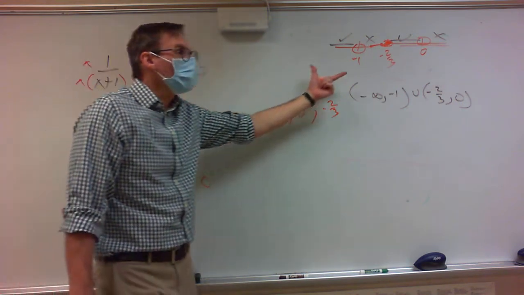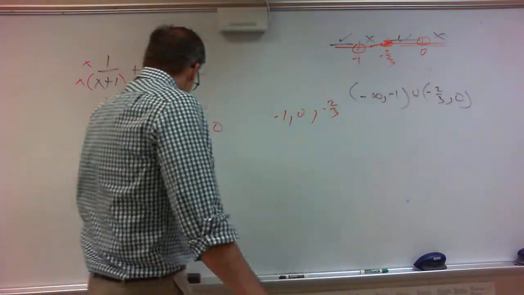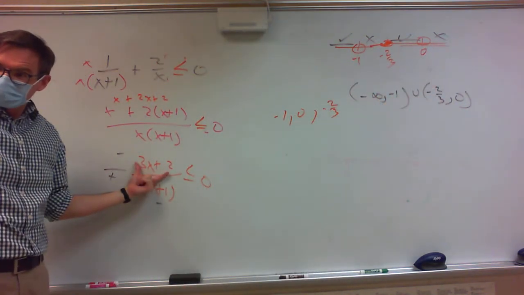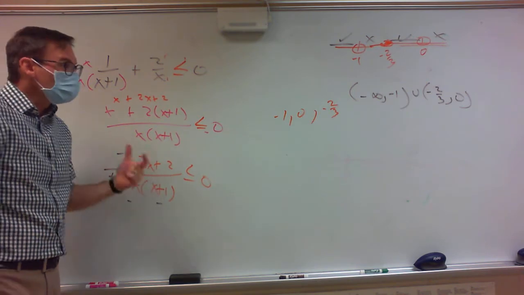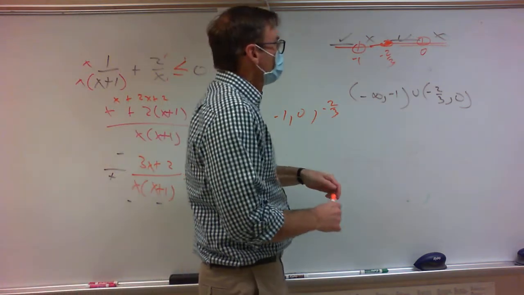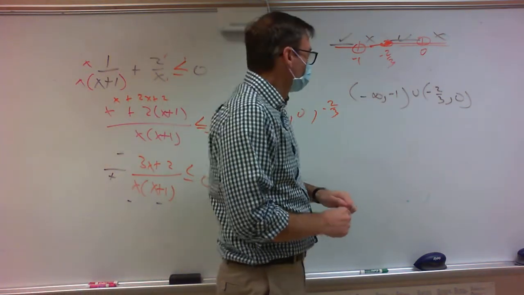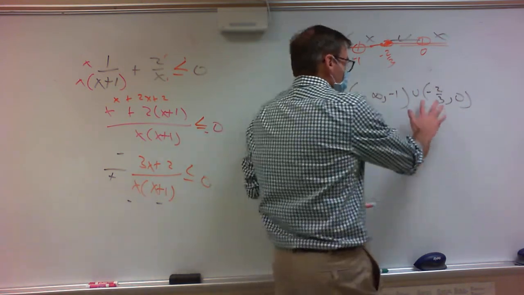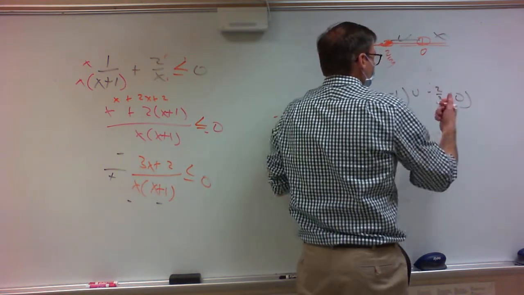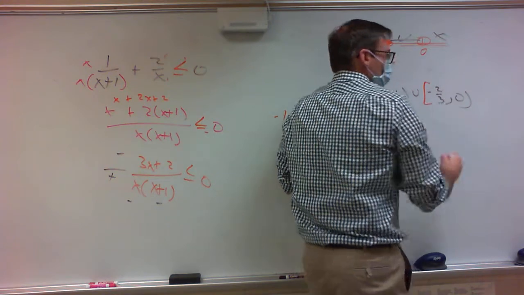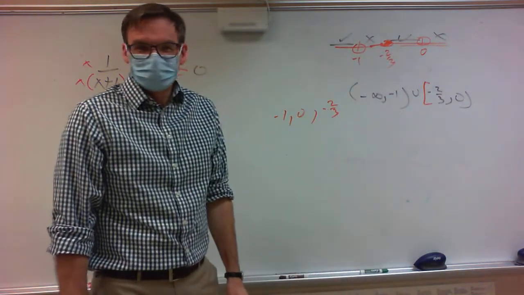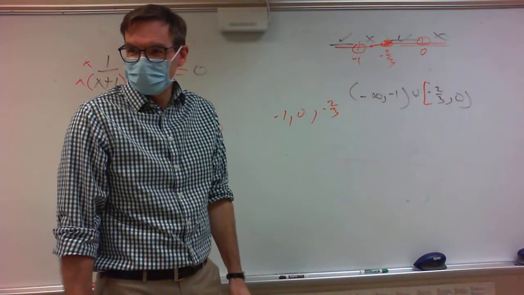So those stay hollow, right? And so the negative 2/3 becomes the bracket, and the only thing that actually changes is you can include the negative 2/3. Do y'all see what happened on this?